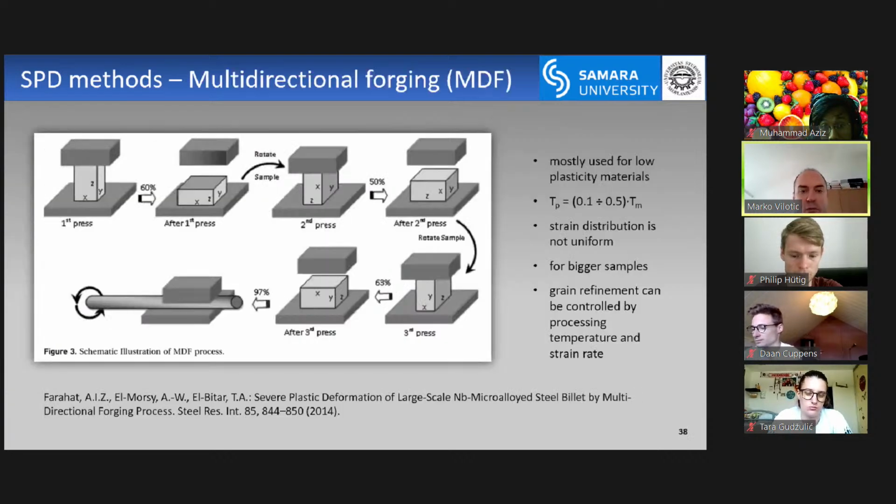The next method is called multidirectional forging. This method is used for big samples, usually samples that are hard to deform at room temperature. So we usually warm it up, in a temperature range of 0.1 to 0.5 of the melting temperature.